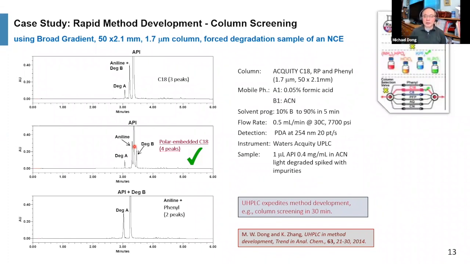So I do a column screening. I use a very small column, a sub-2 micron column. I can do a very quick screening in about 30 minutes, with a 10-minute full gradient. When I do screening, I can see the power of the polar embedded C18 column. You can see that I should pick this column because it actually separates out 4 peaks.